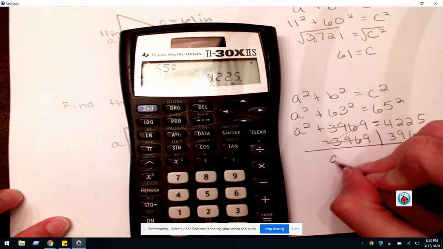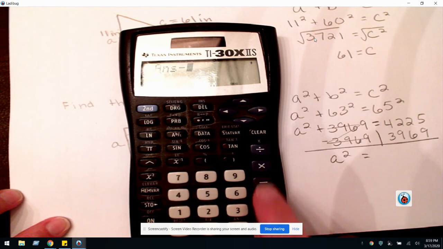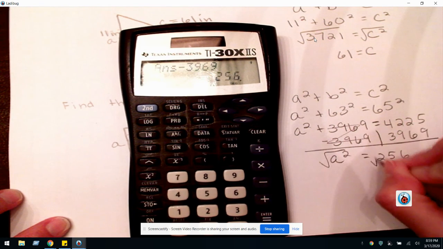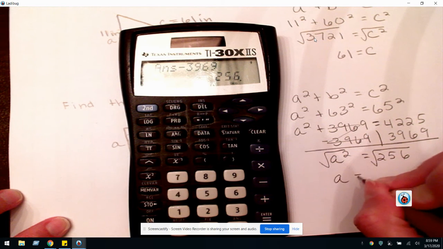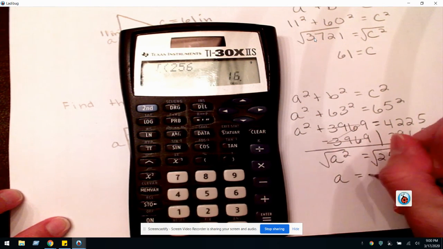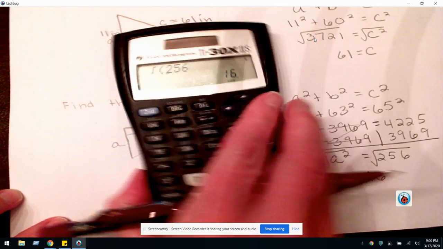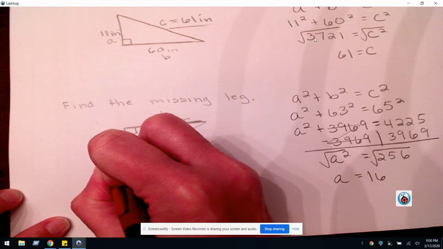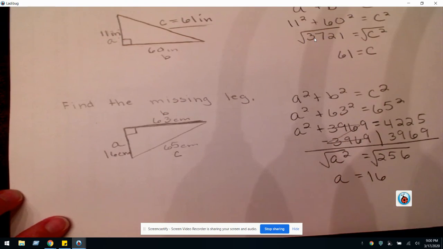This cancels. A squared equals 256. So we square root those, and A equals, let's find out what the square root of 256 is, 16. So that way I just found that my leg is 16 centimeters.